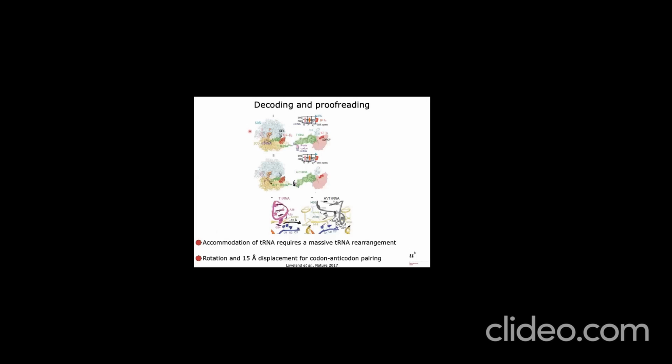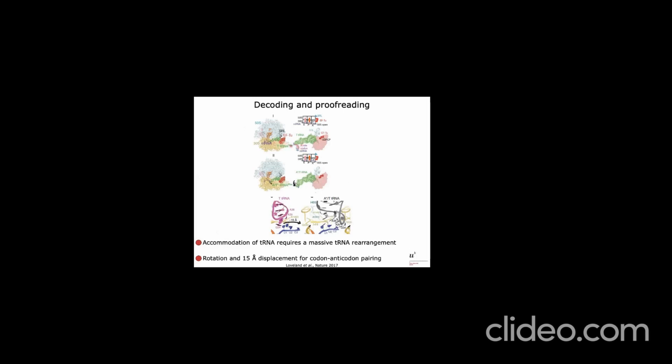And if the tRNA seems to be wrong, or clearly wrong, the tRNA bound to EF-Tu can simply be kicked out again without GTP hydrolysis. However, during the sampling process, and this is something that I'm showing you here, the tRNA really needs to go through a significant change in its conformation.